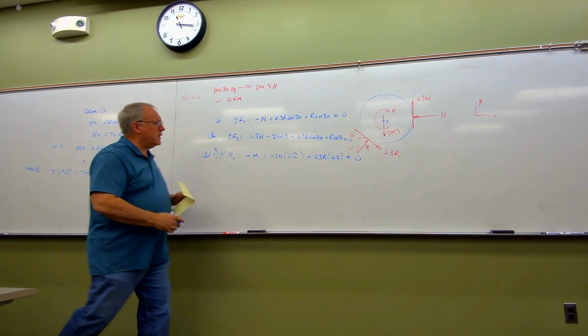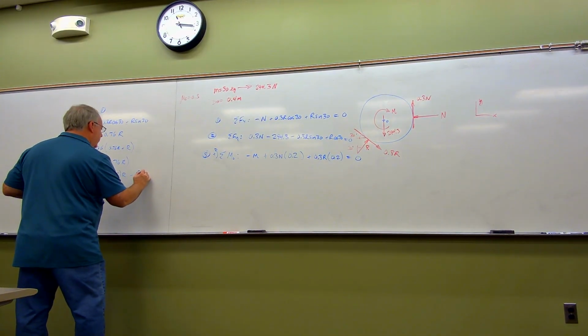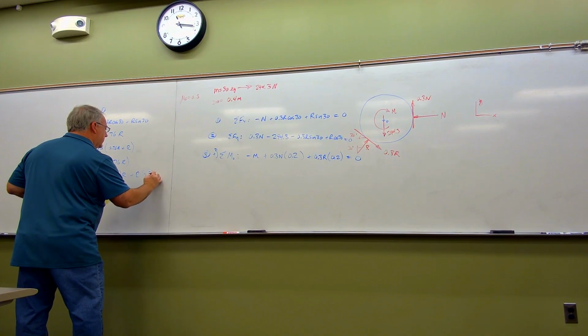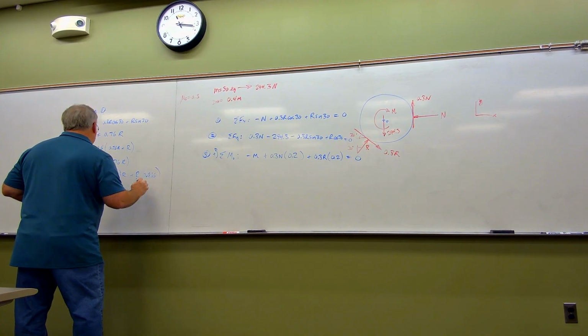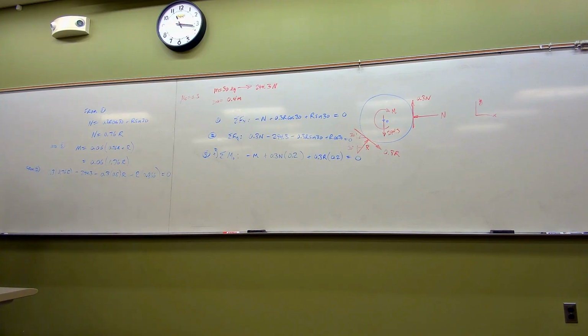And there's a plus, yeah, that's a plus. So plus r times the cosine of 30, which is 0.866. And that's all equal to 0, which means that 294.3 is going to slide over the other side of the equal sign.